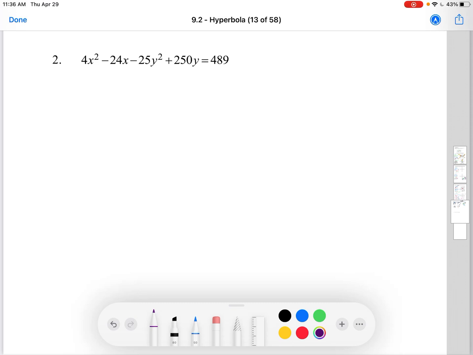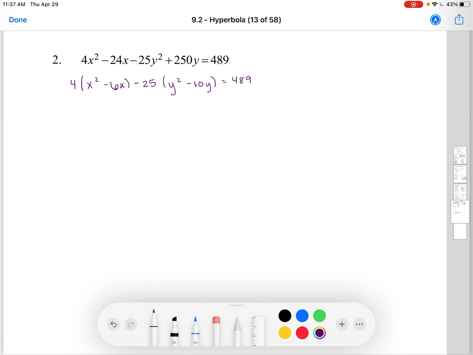Then I'm going to factor out any coefficients that the x's and y's have in common. So when I look to my x's, I can factor out a 4, leaving me with an x squared minus 6x. And then when I look to my y's, not only can I factor out a 25, but I'm going to also factor out a minus 25. And that's going to give me a minus 10y equals 489.